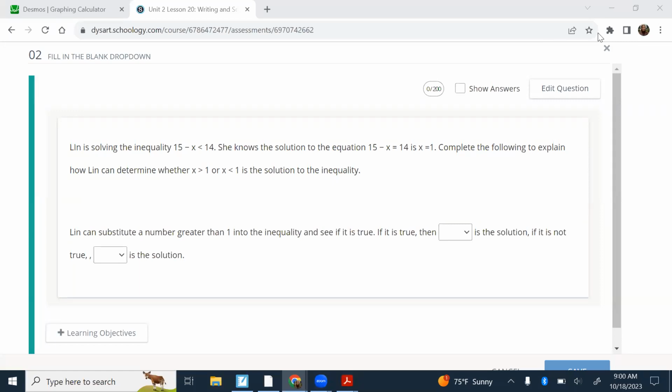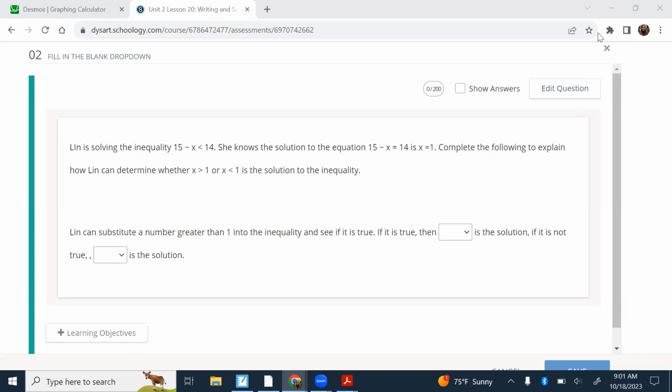Lynn is solving this inequality. She knows the solution to the equation is x equals 1. Complete the following to explain how Lynn can determine whether x is greater than 1 or x is less than 1. So she can substitute a greater number than 1 into the inequality and see if it's true. What's a number that is greater than 1?